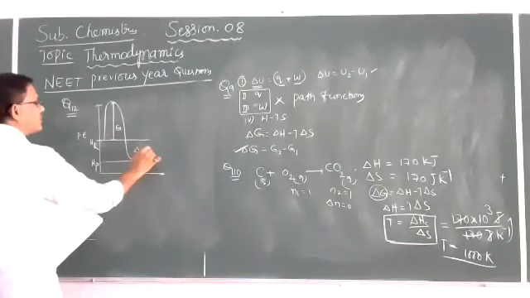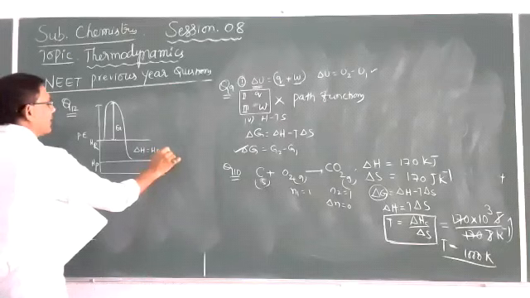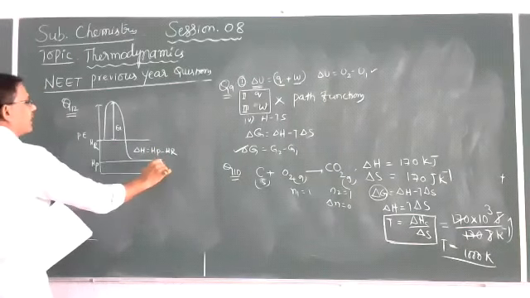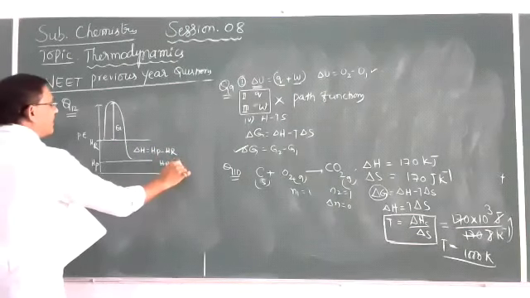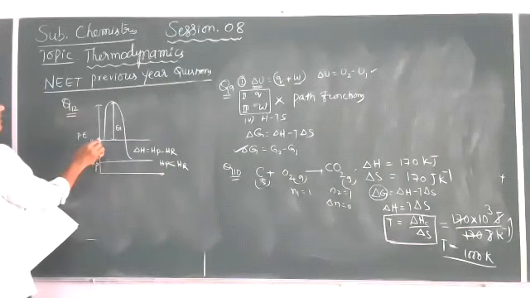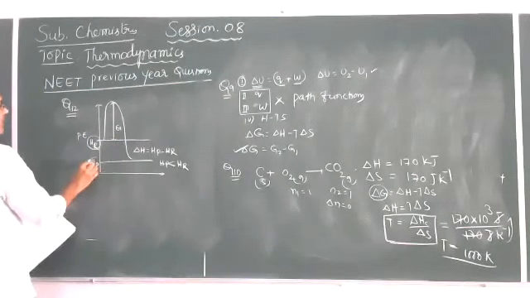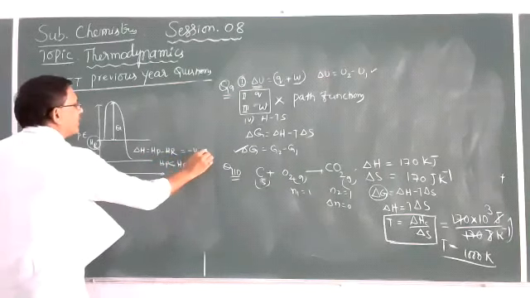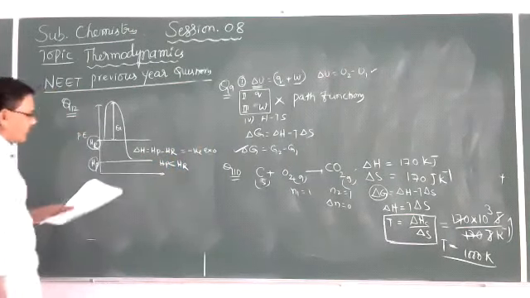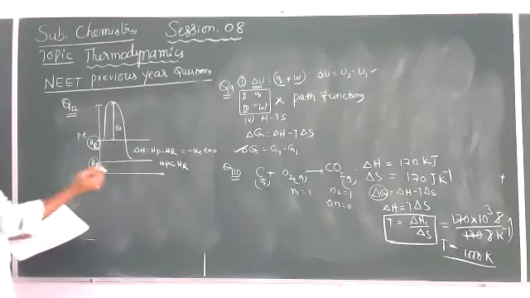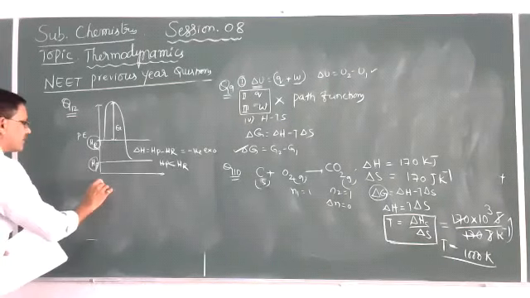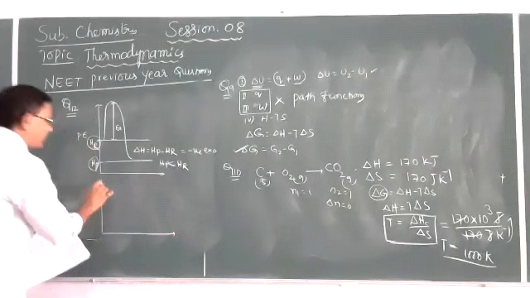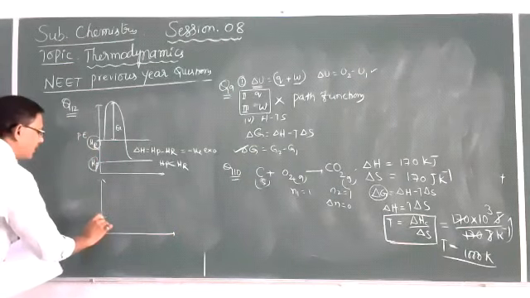Now delta H is equal to HP minus HR. Here HP is less than HR, the reactant heat is more and the product is less. That's why this is the graph for an exothermic reaction. But here the question is about an endothermic reaction, so for an endothermic reaction we can draw the graph like this.